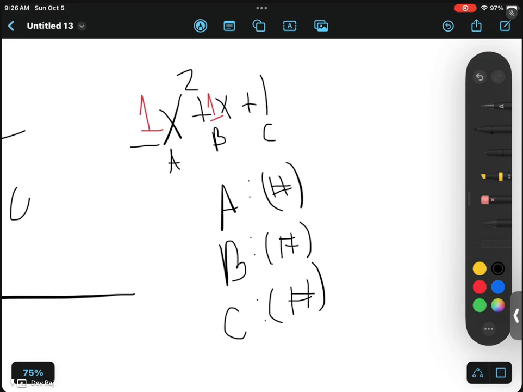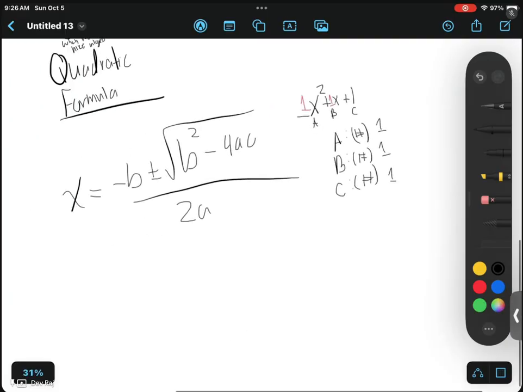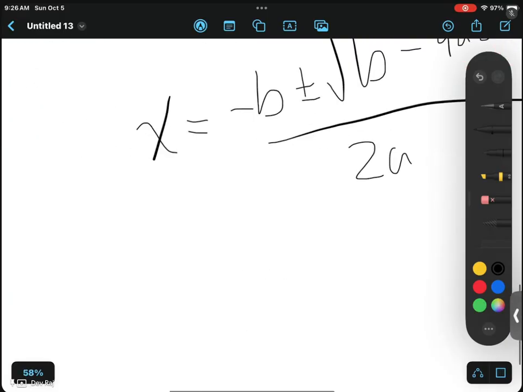So then your a would be 1, your b would be 1, and your c would also be 1. Okay, are we good so far? Does this make sense? Yeah? Okay.